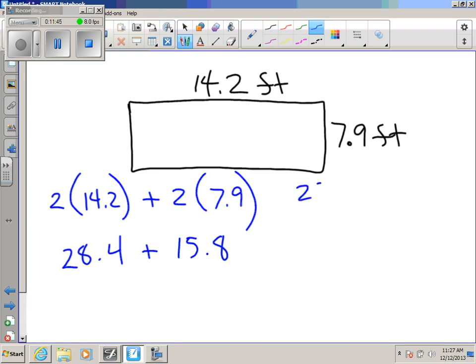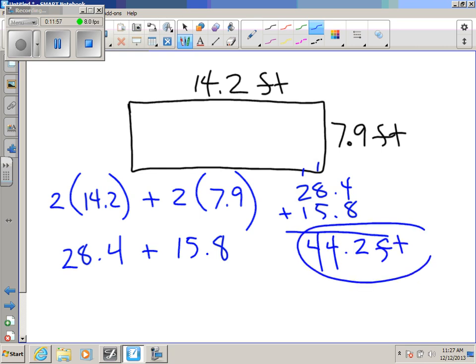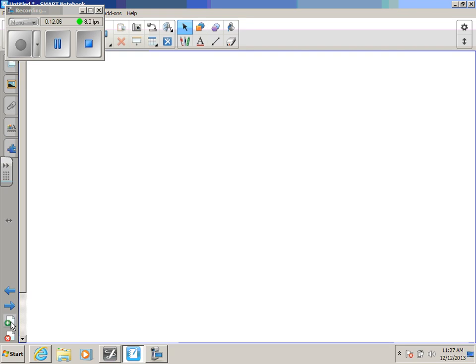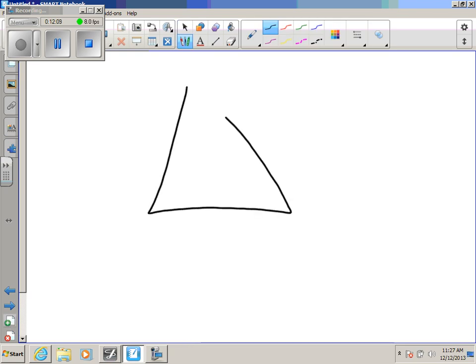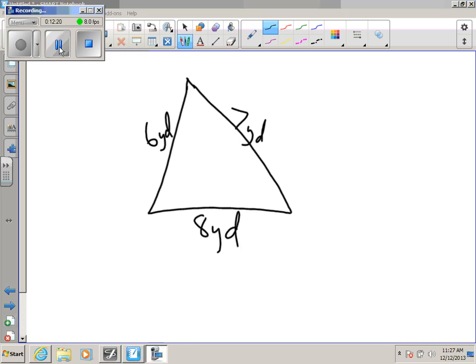So if we add them up, .2 feet. Okay. Try that one. 6 plus 7 plus 8. 13 plus 8.